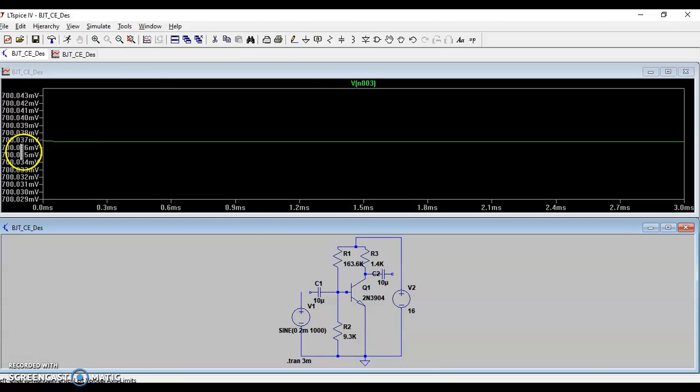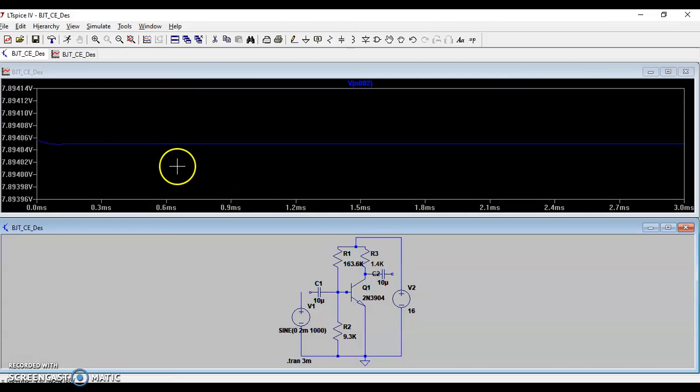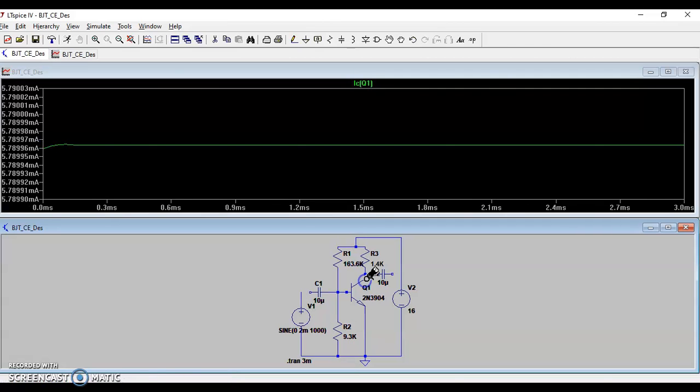It's almost 0.7 volts, right? What we have asked for, right? And your VCE is 7.85 volts, it's nearly that, right? And how about the current, it was 5.75, it's 5.78, right? So it's okay. So your transistor is biased perfectly, right?